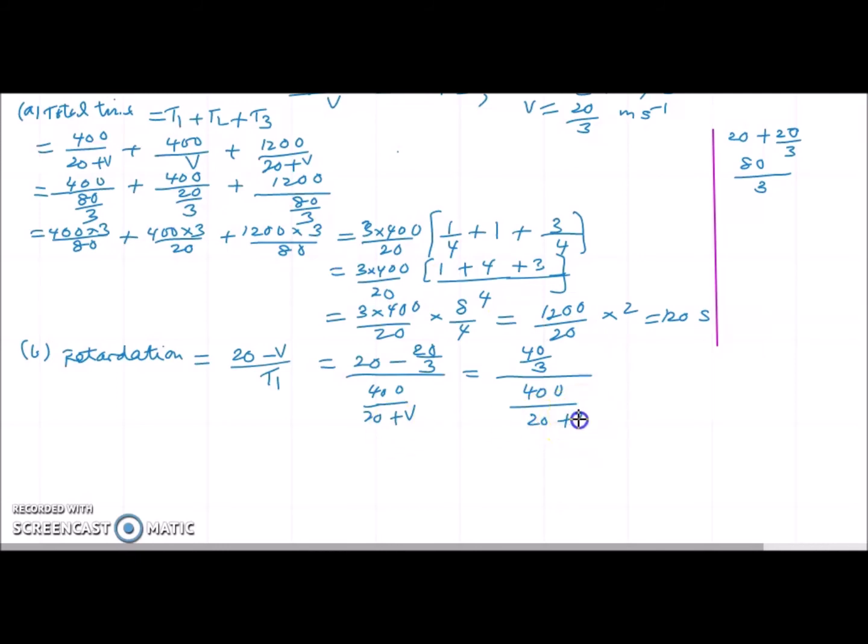V is 20 by 3. We have to simplify this denominator. In the numerator we get 40 by 3. In the denominator, we get 400 by 20 plus 20 by 3. 20 plus 20 by 3, we have calculated that, that is 80 by 3. So 400 divided by 80 by 3.